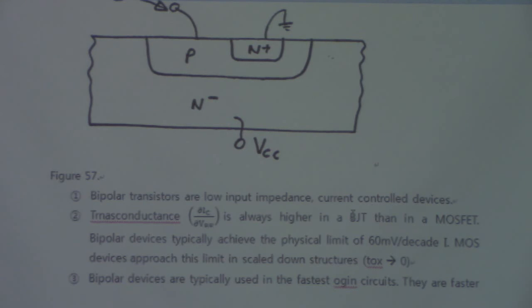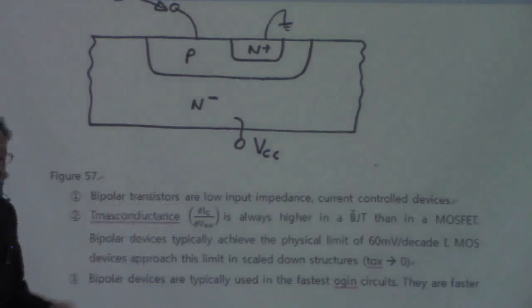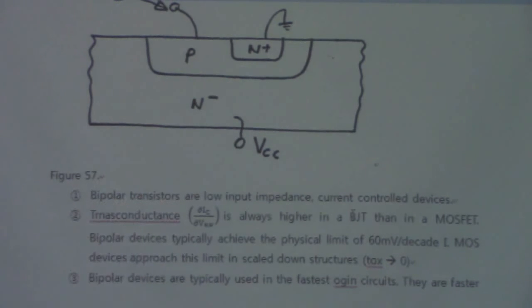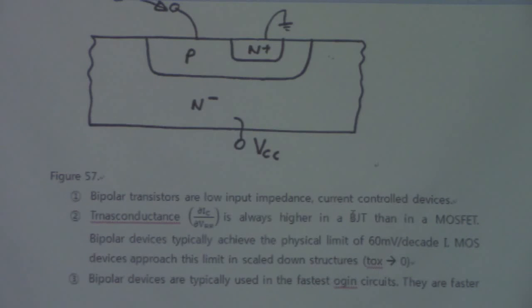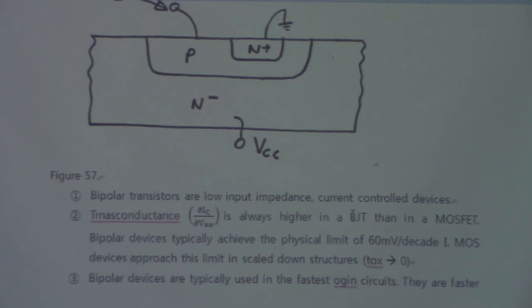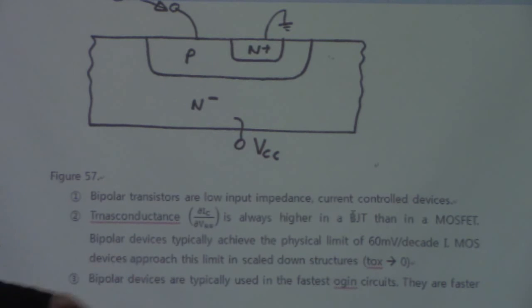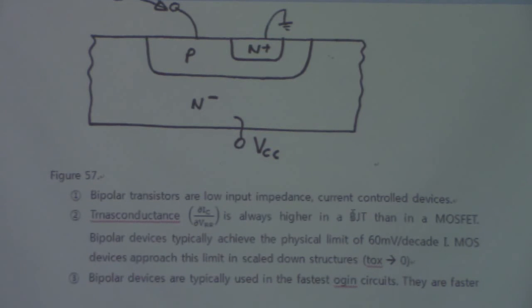So it has been used for the logics. But in the modern device, the transconductance of the MOS transistor becomes equivalent to that of a bipolar transistor these days. So it does not become important. Bipolar devices are typically used in fast logic, that is, discrete logic circuits.